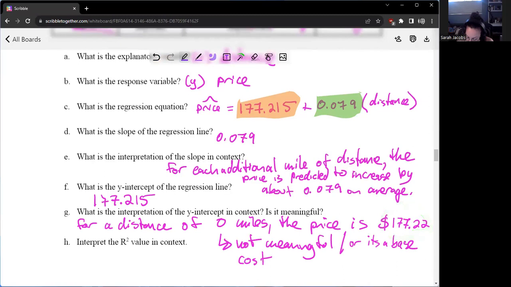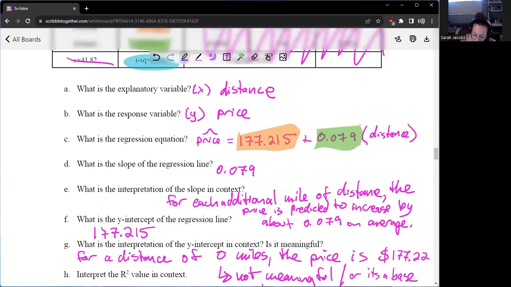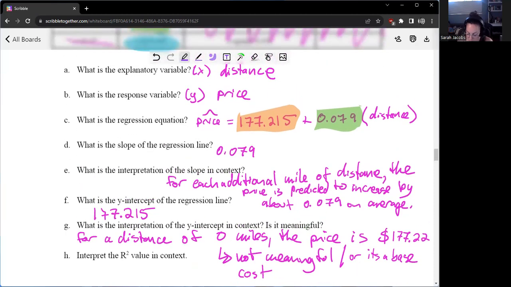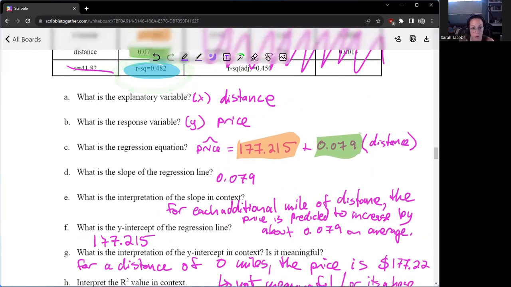Last but not least, R squared. This is the one a lot of people are still having trouble with. Remember, especially on an FRQ, just identifying the value can be worth partial credit. So definitely find it.